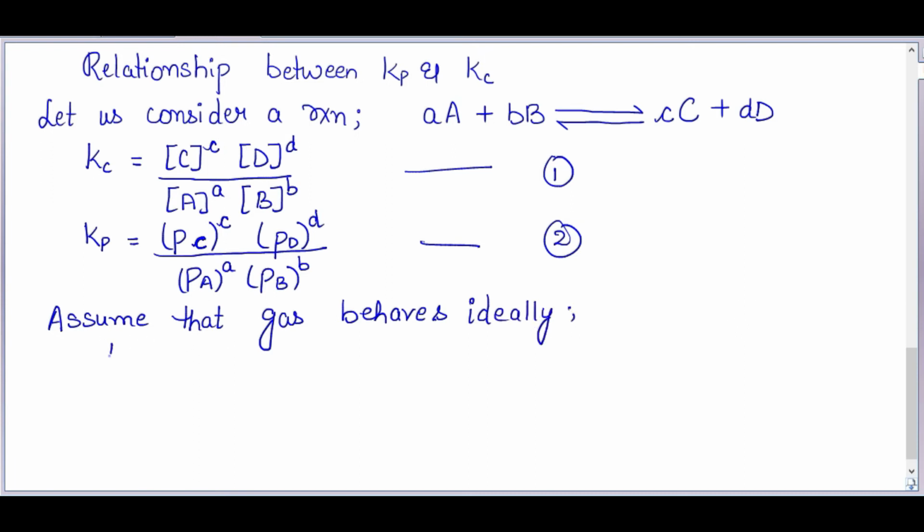In that case, it will follow PV equal to nRT, right? So I'll take the volume to the other side because I have to find the value of partial pressure, right? So it will be P equal to n by V RT. I know that n by V is equal to concentration, so I'll write P equal to CRT.